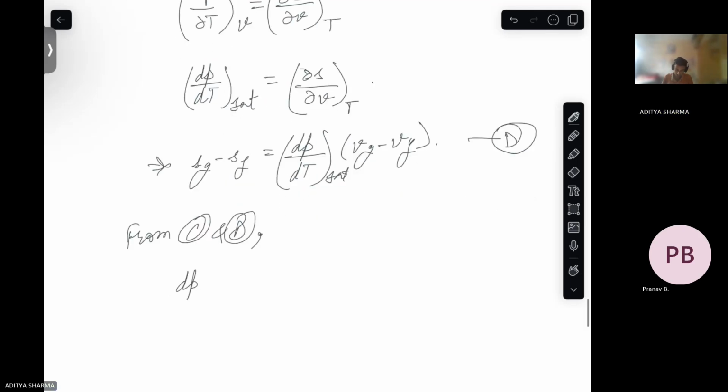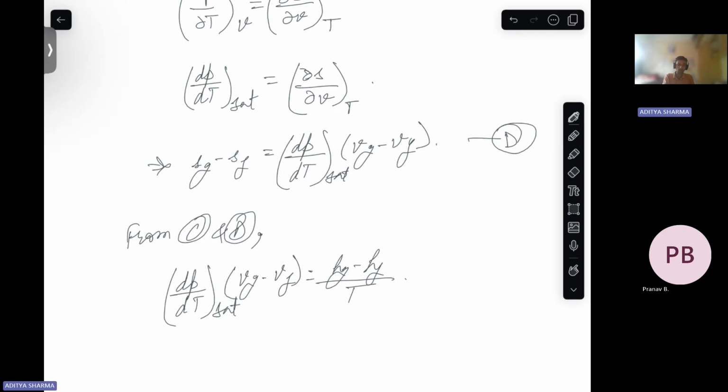We get this, right? So this is your Clapeyron equation.